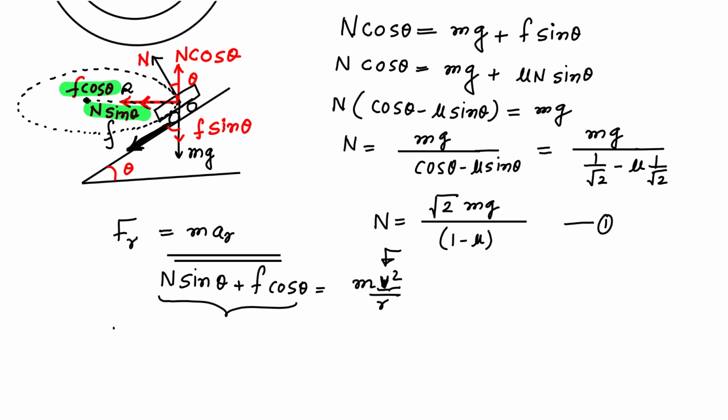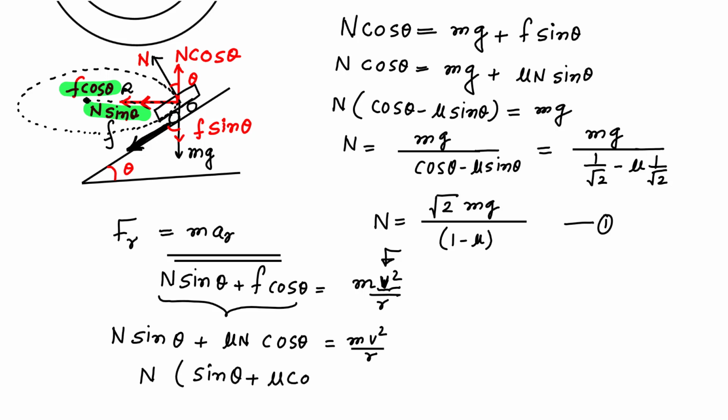So let us write N sin theta, and f is nothing but mu times N, and this is cos theta, is equal to mv square by r. If I take N common, it will be N(sin theta plus mu cos theta) is equal to mv square by r.